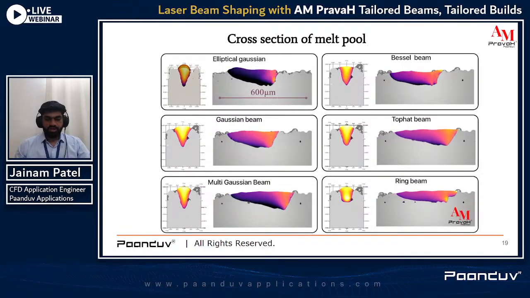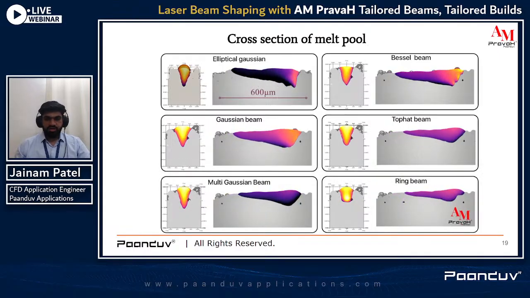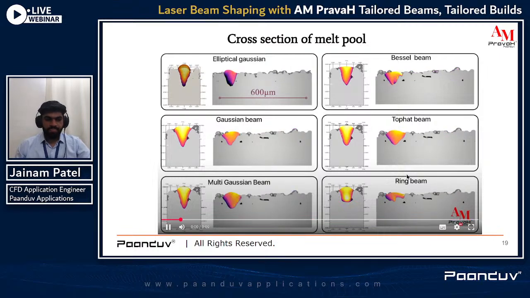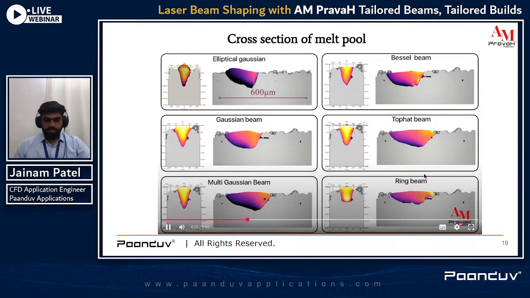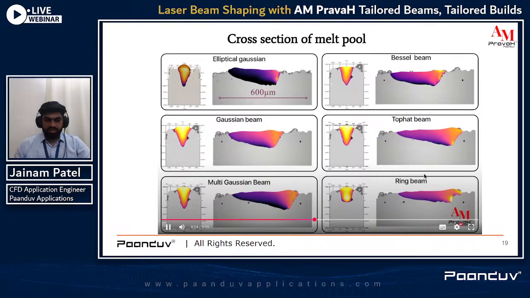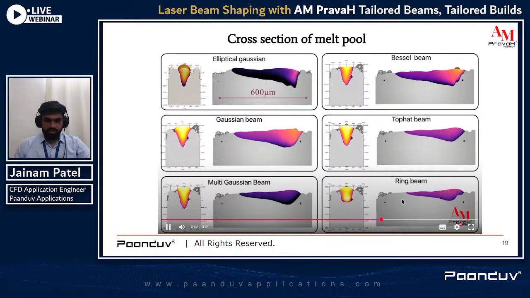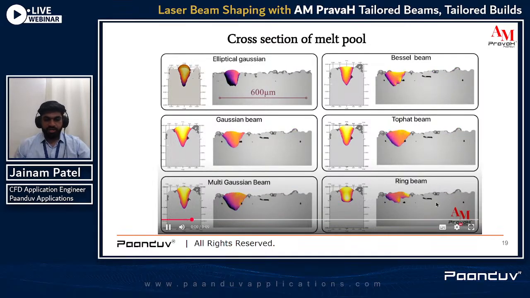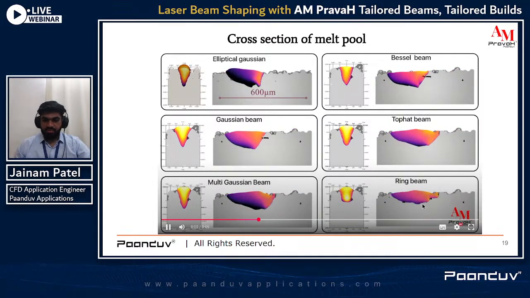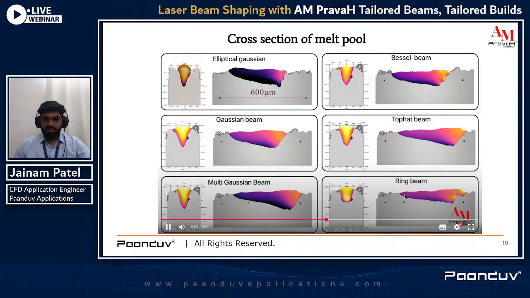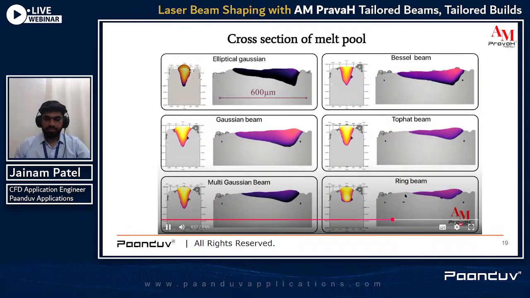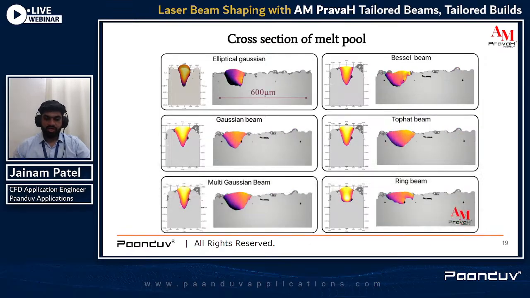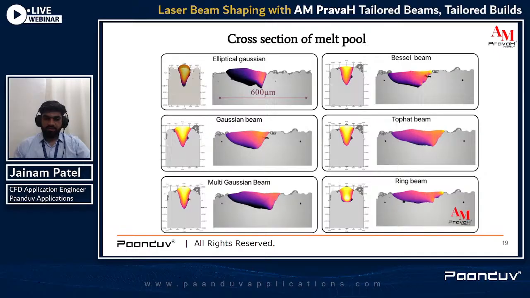Further, we can see that the top hat beam and the ring beam have multiple high intensity peaks. On the ring beam, we can see that the energy is concentrated around its perimeter, and they have hollow or wider melt pools and controlled depth, which will improve the melt pool stability and lower the risk of keyholing, giving better surface quality.